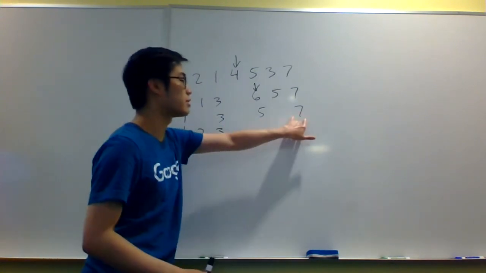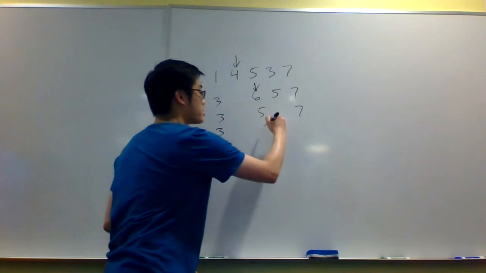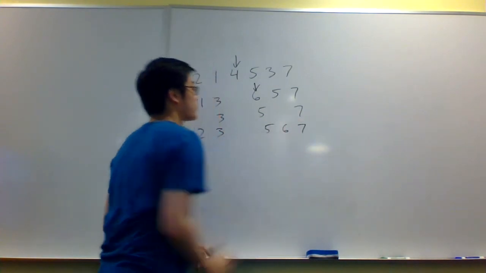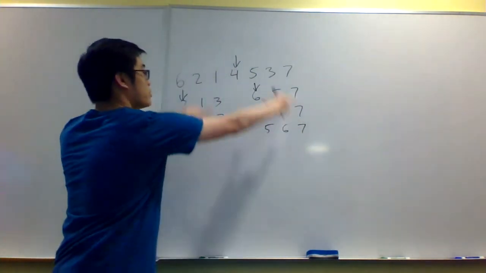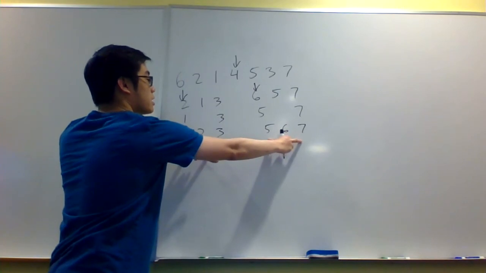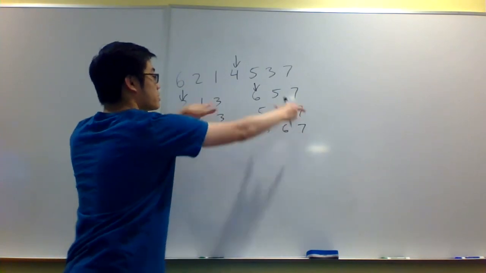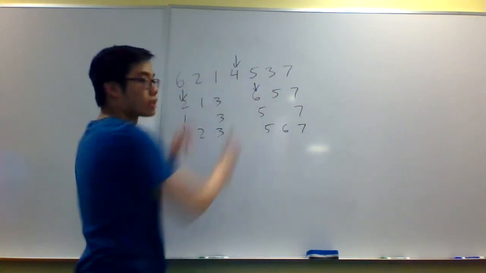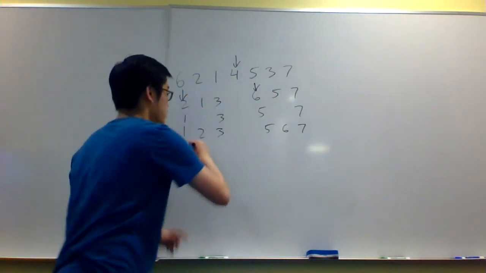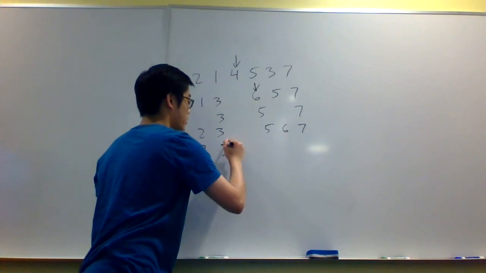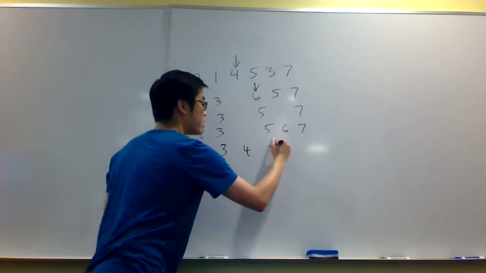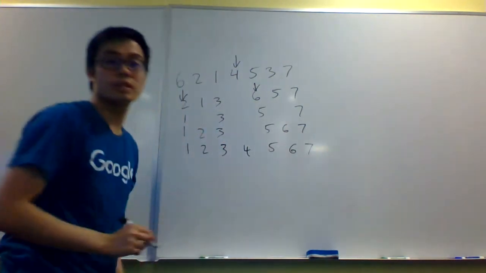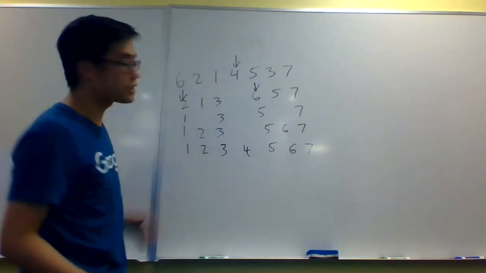We have the left and the right subarrays, and the pivot goes right in the middle, so 5, 6, 7. So now we have these two subarrays here, the sorted, quick sorted versions of these. And now we just recombine again, right? One more level up, and the pivot here was 4, right? So 1, 2, 3, 4, 5, 6, 7. That's a quick example of quick sort.